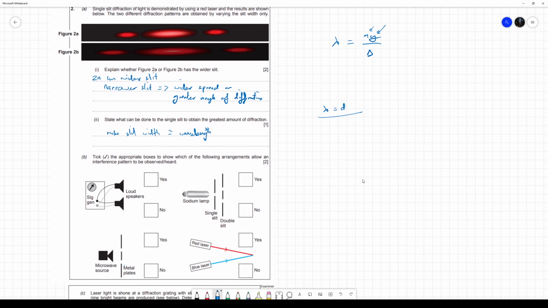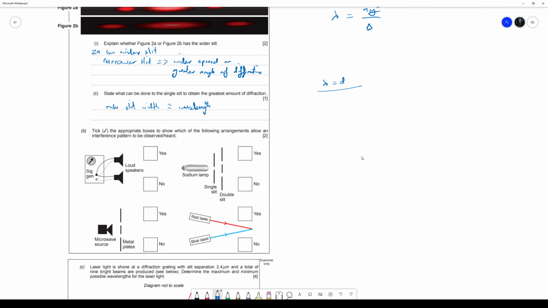Okay, moving on, tick the boxes to show which arrangement allow an interference pattern to be observed. So if we want to make an interference pattern, the important thing here is that the waves must be coherent. That's the phrase we use. They have to be coherent to form an interference pattern.